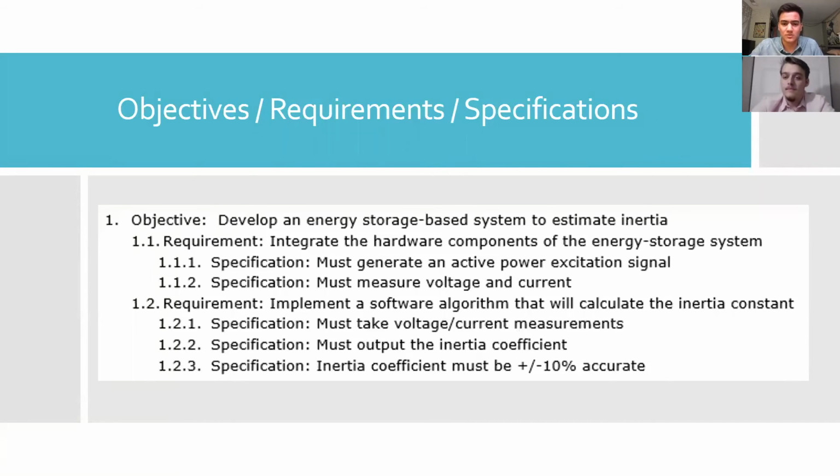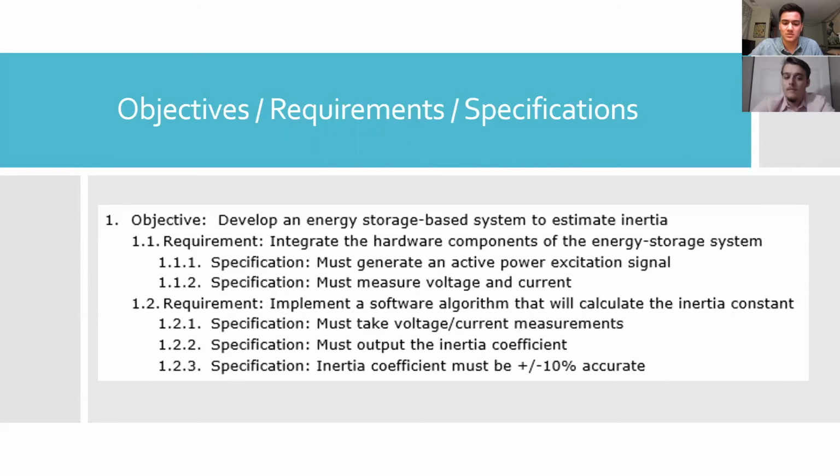Back it up a little bit, we have specifications. For this first part, we have to generate this active power signal to disrupt the system, and then we also have to receive these voltage and current measurements from the system with sensors.